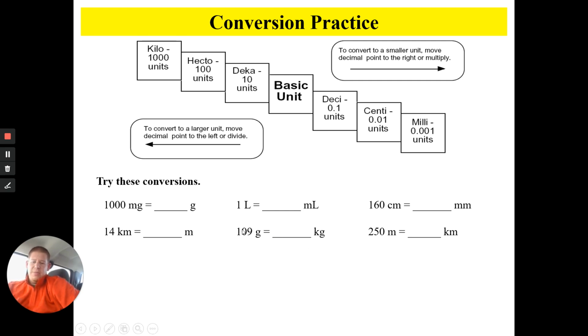We think about this as 109 grams compared to kilograms. Same thing here, meters to kilometers. Decimal here, 1 jump, 2 jumps, 3 jumps. Because 1, 2, 3, it would be 0.250 kilometers, which is really small compared to our 250 meters.